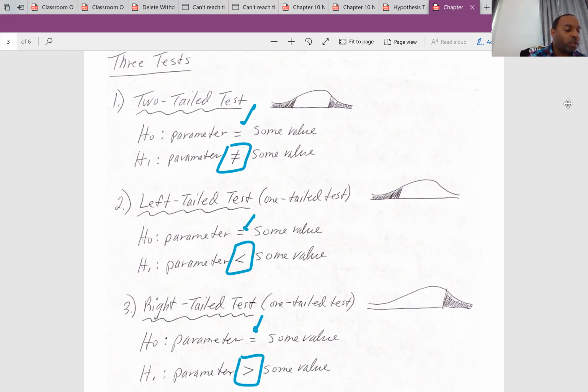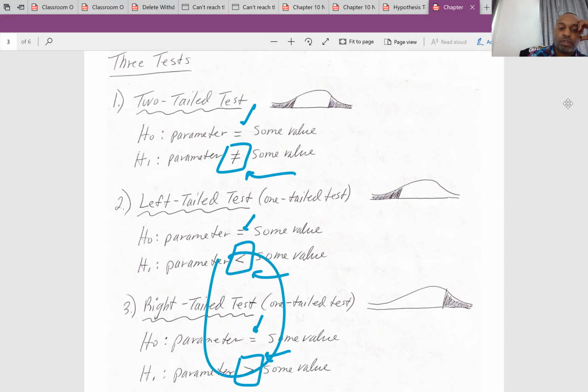So they're just like when we were dealing with z-scores. There were keywords to let us know we're dealing with to the right of our data value, greater than, less than, would be to the left of our data value, and things of that nature. So there's going to be keywords that let us know whether it be not equal to, less than, or greater than.